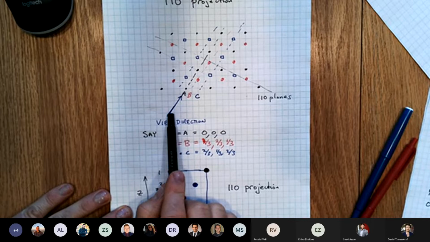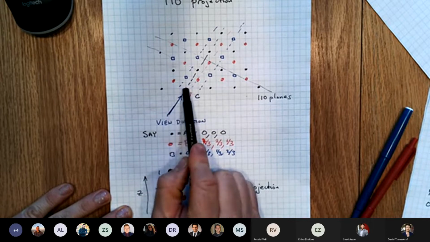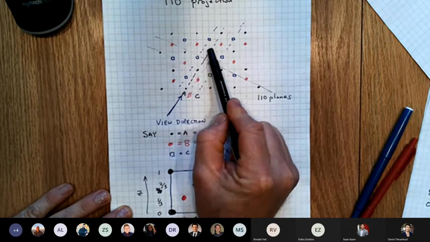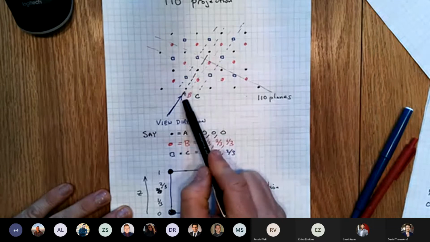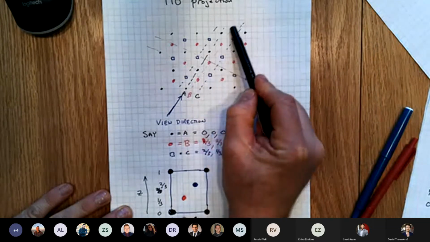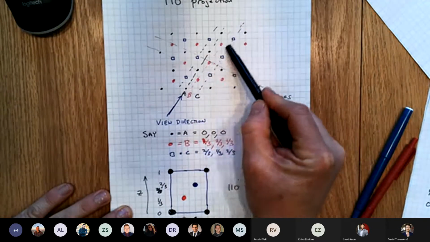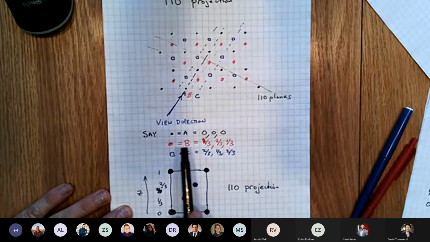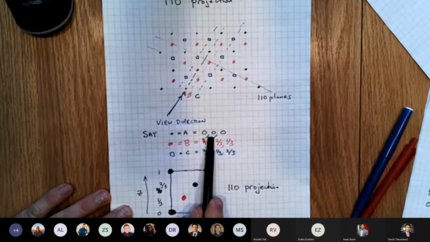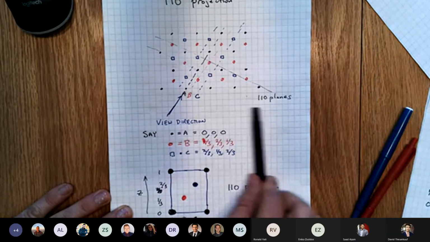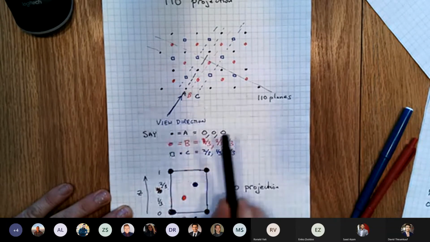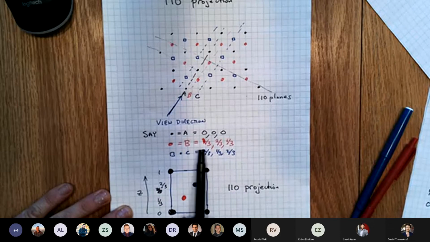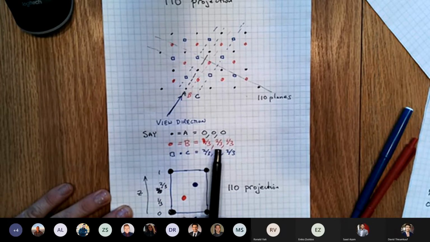But anyway, the point is when you look in this direction, all the A atoms lie right behind each other, and all the B atoms lie right behind each other, and all the C atoms lie right behind each other. Okay? And if you say that the A sites have coordinates 0, 0, 0, they're in the plane of the paper. And then the B sites, we learned the fractional atomic coordinates were 1/3, 2/3.